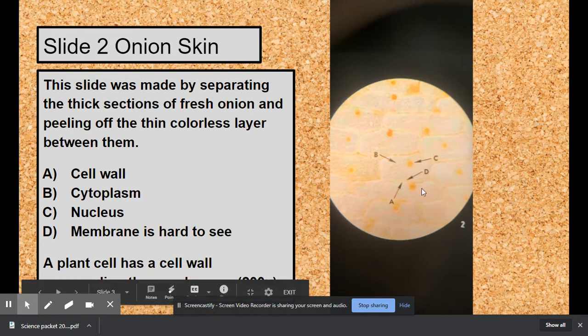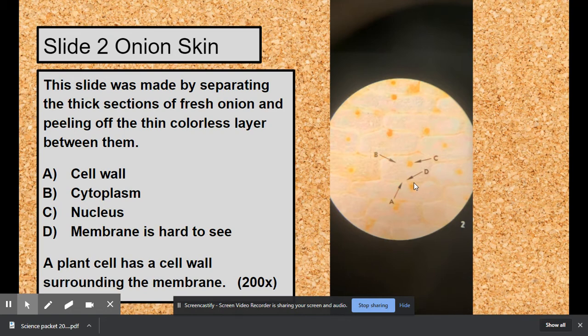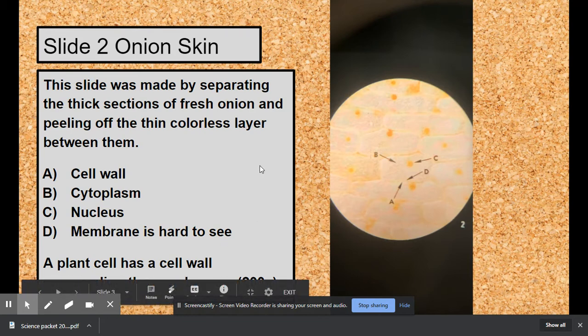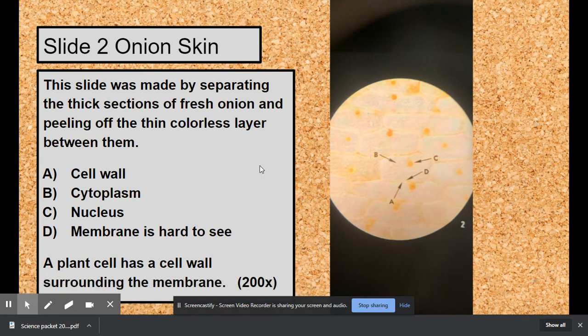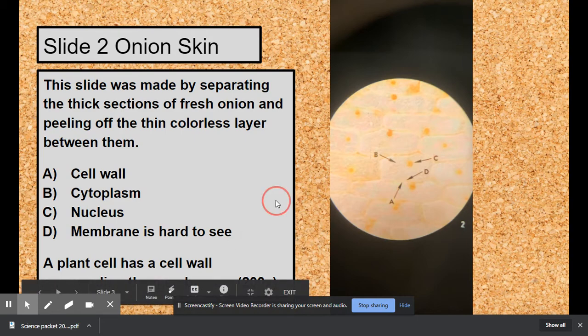And then letter D, the membrane is really hard to see on there, but it is right next to your cell wall. Okay, a plant cell has a cell wall surrounding the membrane. Okay, and this was magnified at 200 times, just so you have an idea here.